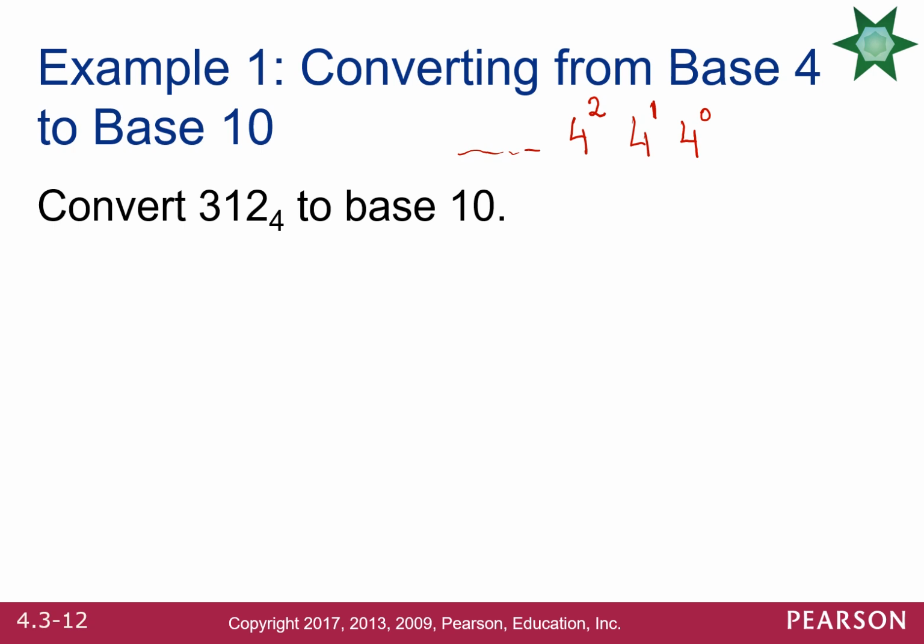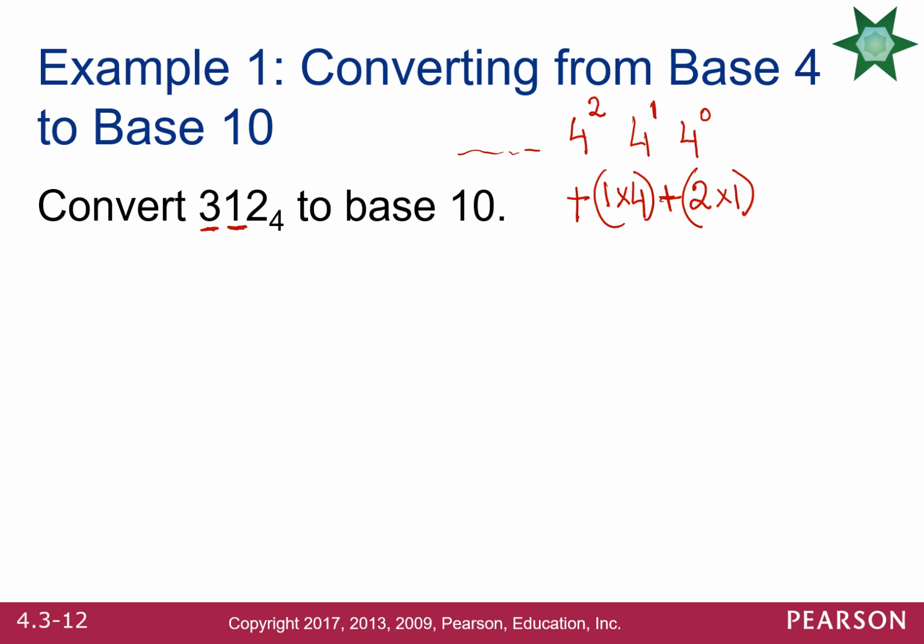So let's see. We have 2 for the rightmost digit, so it's going to be 2 multiplied by 1. 4 raised to the power 0 is 1. And then plus, the next digit has a value 1, so it's going to be 1 multiplied by 4, plus we have 3.